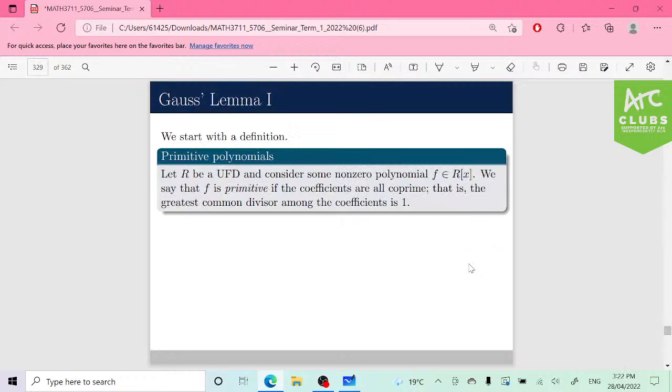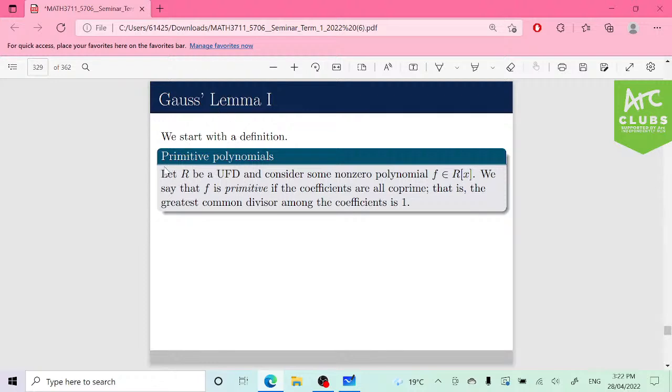Cool. So the last part of this chapter is talking about Gauss's lemma. And Gauss's lemma is a very powerful statement because it talks about some really nice properties of polynomials. And we're going to be talking about polynomials a bit more for the last half hour. So we start with one definition.